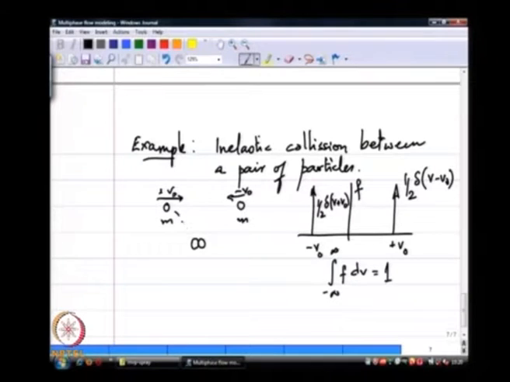So, when this collision happens, this probability density function, which I have indicated in black, becomes one probability density function given by delta v minus 0.